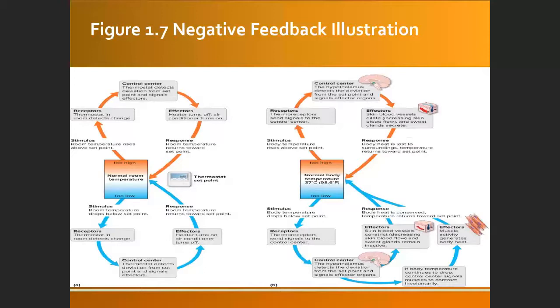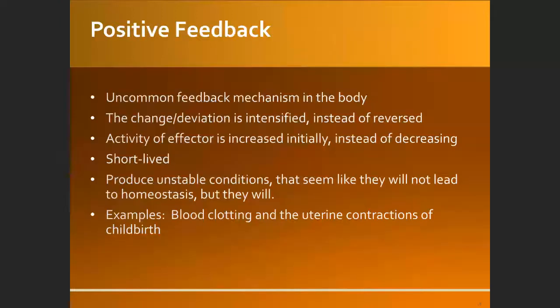Okay, so this is an example of how our body temperature is controlled by these negative feedback loops. The other type is what we call the positive feedback loop, and it is very rare, less than 10% of the time our body uses these positive feedback loops.